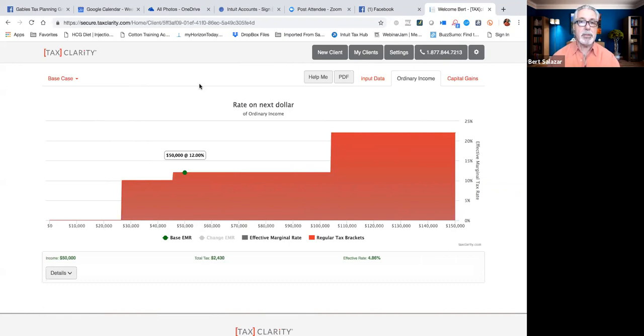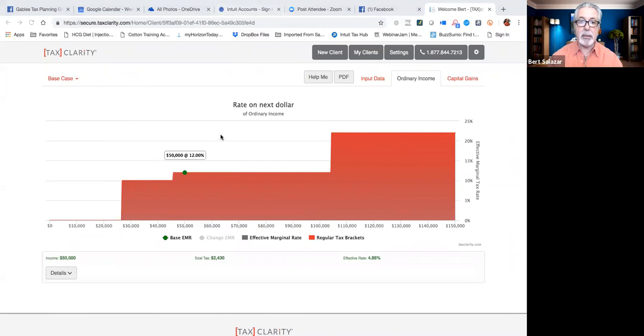So what I'm going to be sharing with you today is the fact that these clients have $50,000 of taxable income coming into their household. Let me annotate this so I can guide you better.